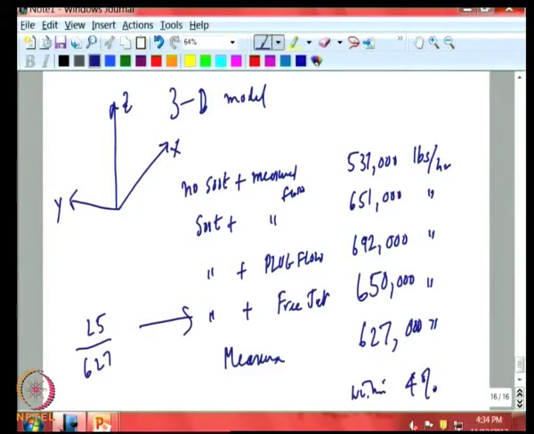So, this is quite impressive, but quite clearly you need a 3D model, you need also either the measured or some estimate of the nature of the free jet that develops in the boiler.